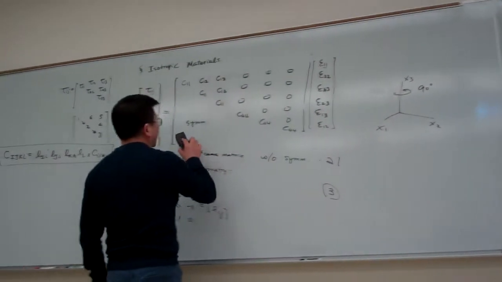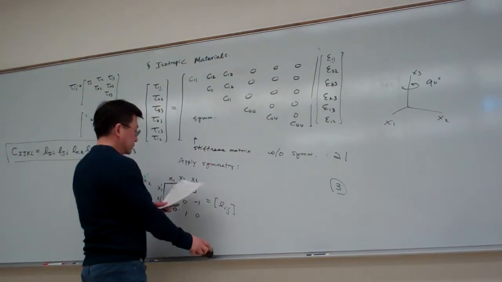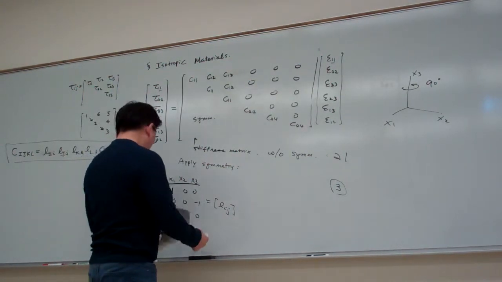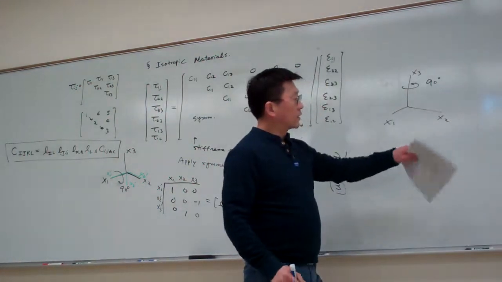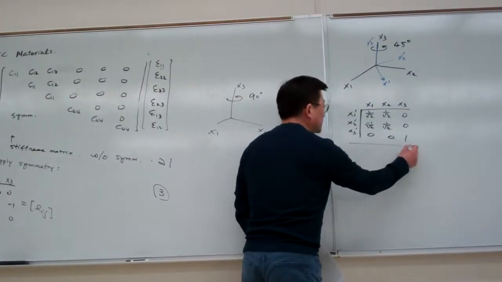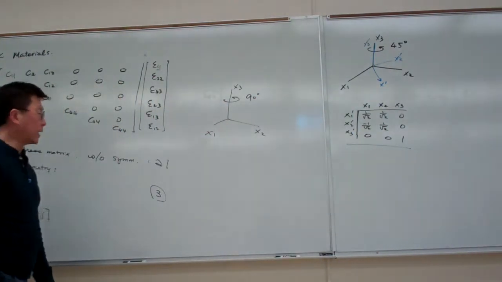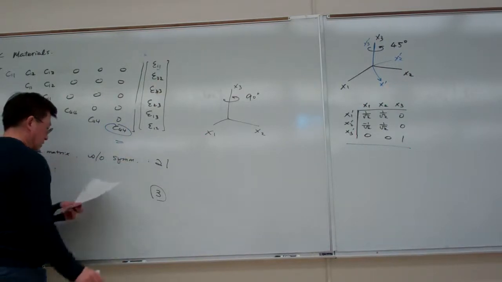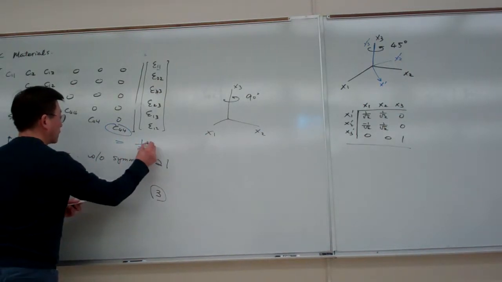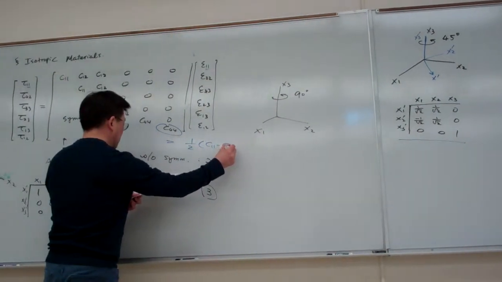The whole element will become, after operating the whole thing and with the details shown in the handout, you will see basically C44 is exactly equal to 1/2 of C11 minus C12.